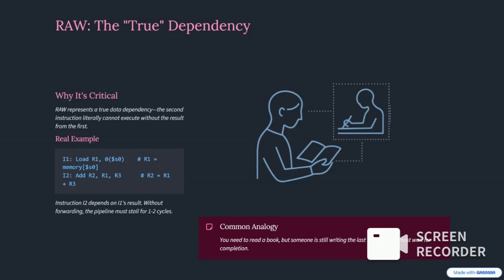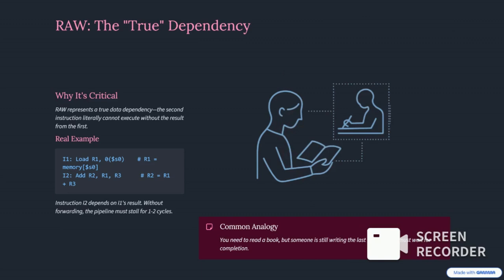An instruction tries to read data before it has been written. WAR, write after read. A later instruction tries to overwrite data before the earlier instruction finishes reading it. WAW, write after write. Two instructions try to write to the same location and the order matters.